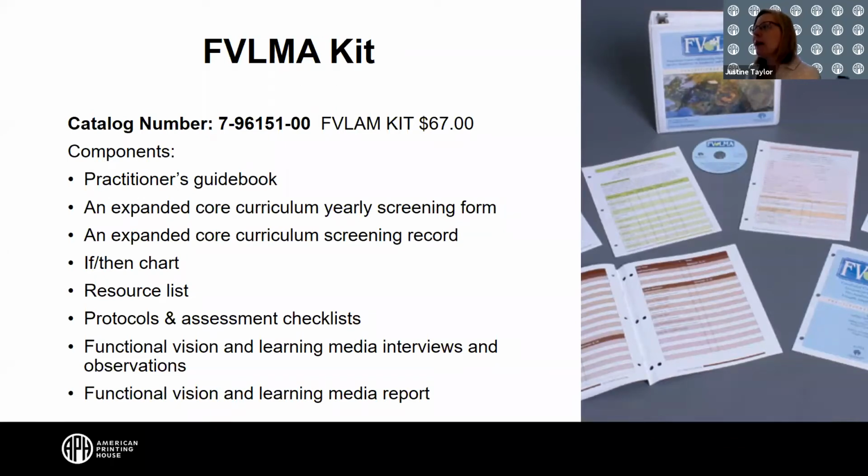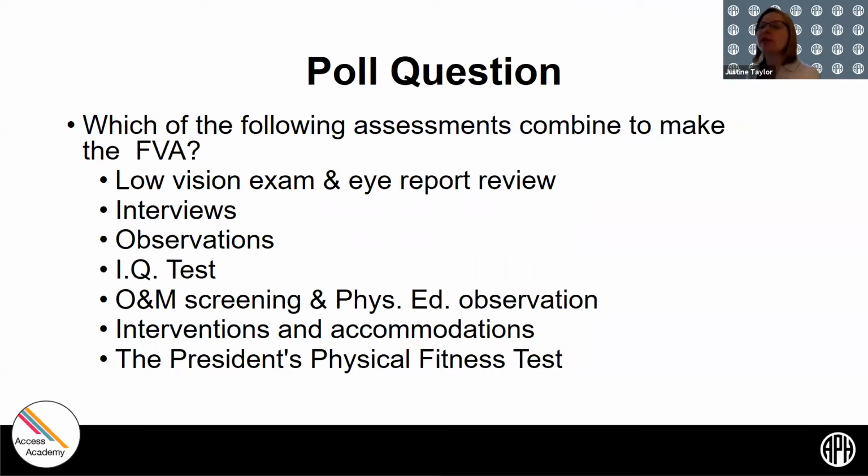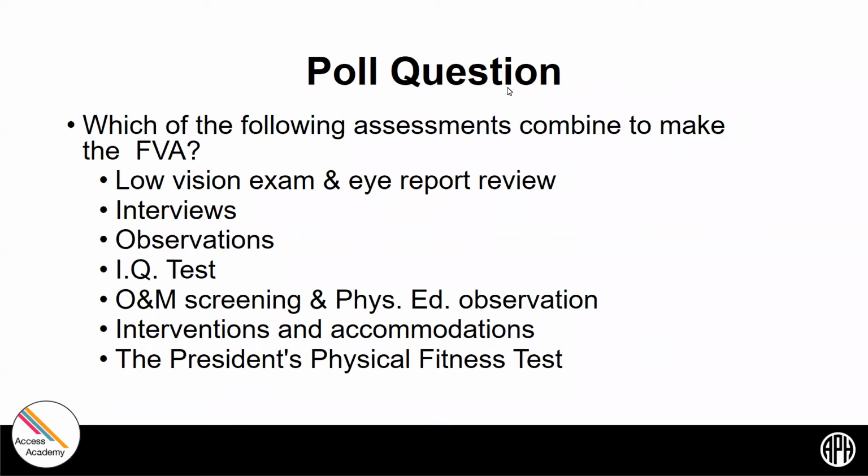And then the next slide, I think, has our first student profile, or no, we have a poll question. Yep, we do have a poll question. So we want to know which of the following assessments combine to make the FVA, the Functional Vision Assessment. Choose all that apply.